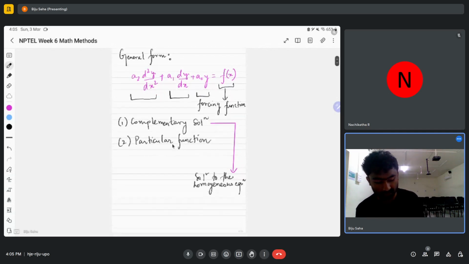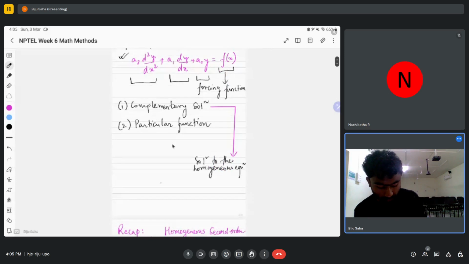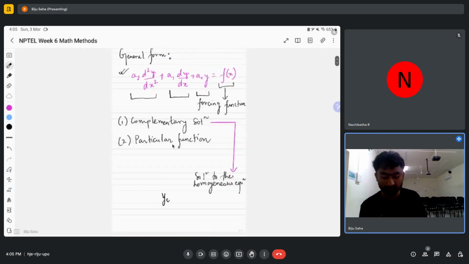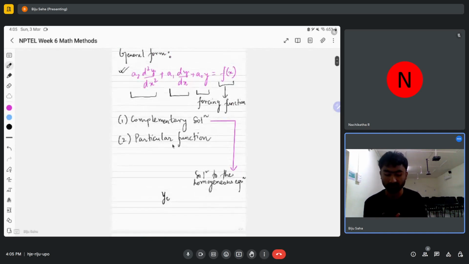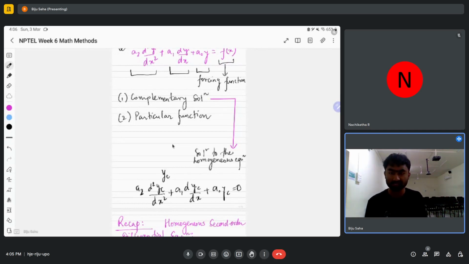If y_c is the complementary solution of this differential equation, then y_c satisfies the homogeneous version of this differential equation.